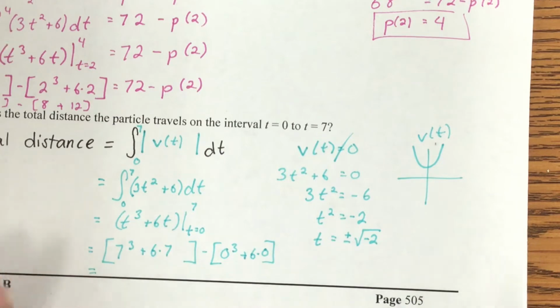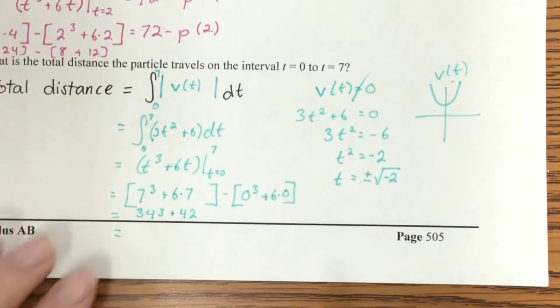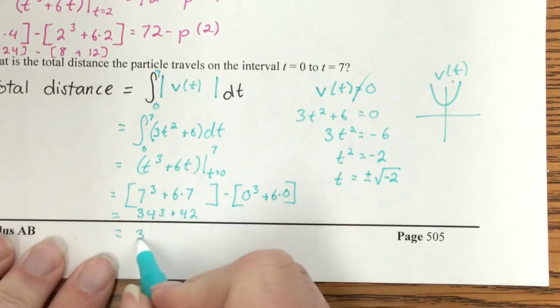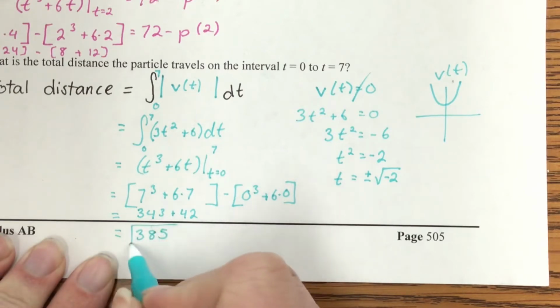7 cubed is some super giant number. You can absolutely do this by hand, not that you would really want to. So 49 times 7, 343. Plus 6 times 7 is 42. And when you add those two numbers together, we get 385. Yay.